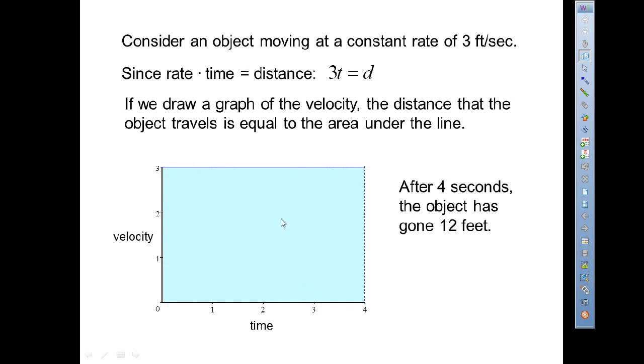It just happens to be a constant though. And then when we find the area under the curve here, we end up getting 12 feet. Well, not only that, but we can find that if we have a constant rate of 3 feet per second, and over 4 seconds, we're going to move 12 feet. So the area enclosed in this rectangle and the distance traveled equal the same thing.